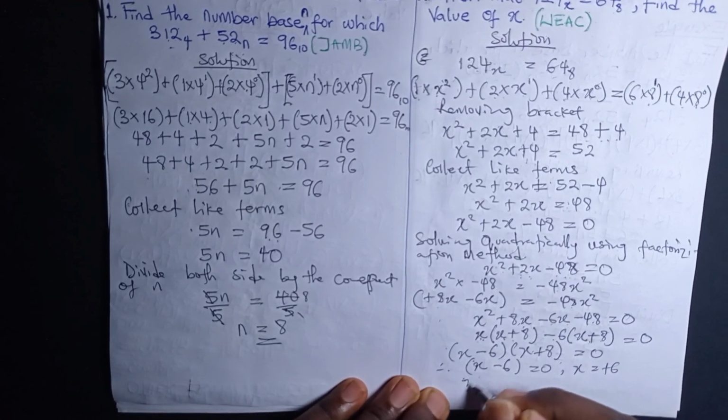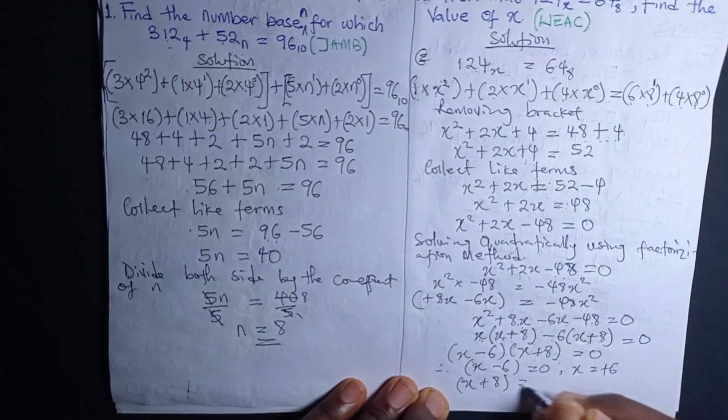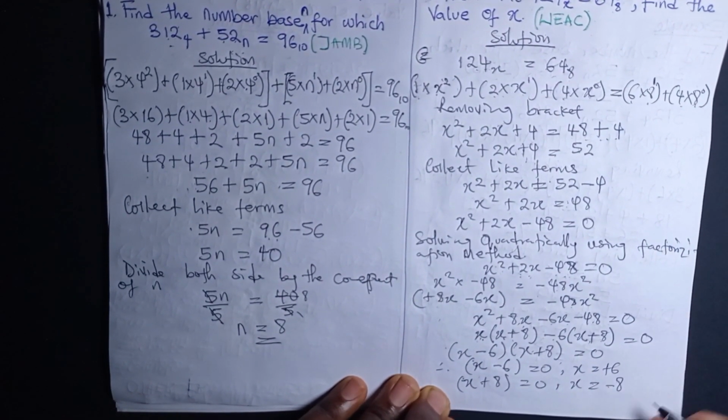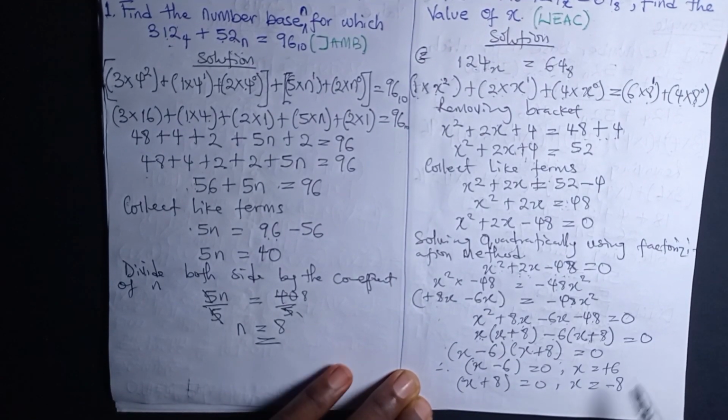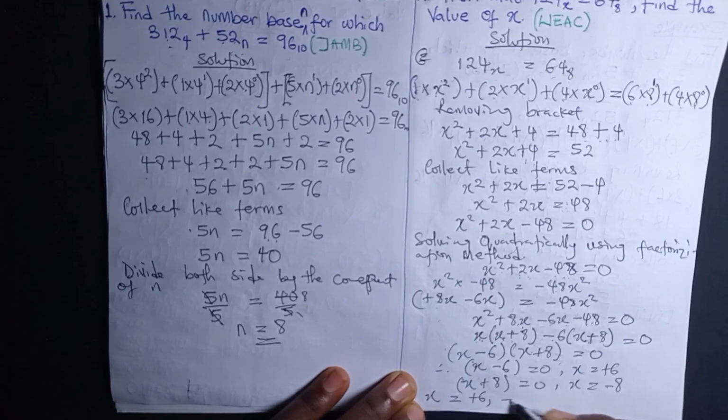Equate this one with 0, x plus 8 equal to 0, x will be what? Minus 8. So these are the values of x. x is equal to plus 6 and minus 8.